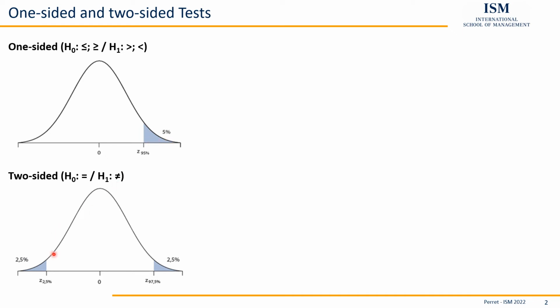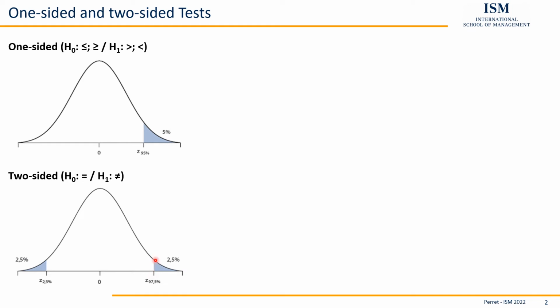In this case, with two-sided errors, we have to consider that, well, if the errors are split equally between the two sides, this part only covers 2.5%. There's also 2.5% on the other side.